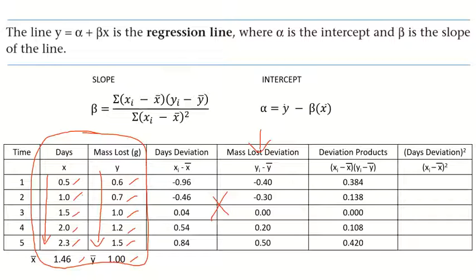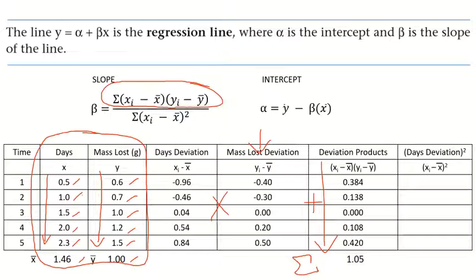These are simply the products. And then we are going to get the summation of this column. We add everything, and notice that's what's here on top. Once we solve for the summation here, that's the numerator for our slope, 1.05.